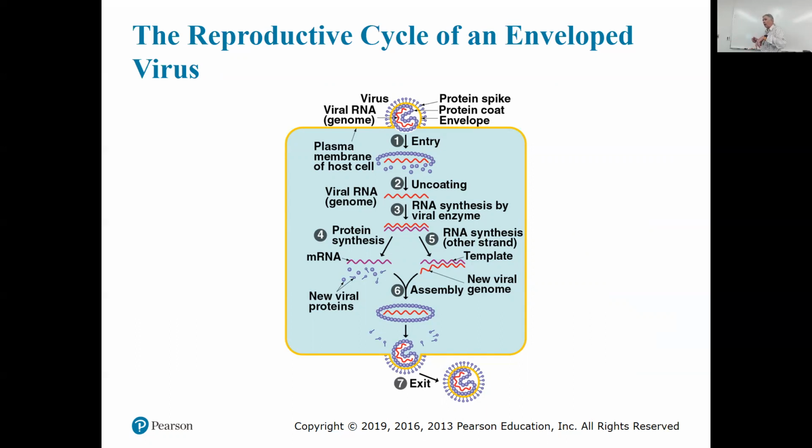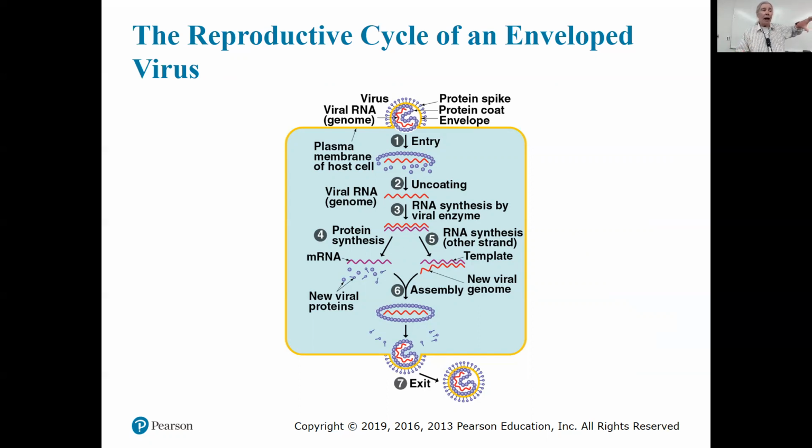For an RNA virus, they bring an enzyme with them that can make RNA from RNA. And HIV brings an enzyme called reverse transcriptase that makes DNA from RNA. So that DNA is made from the viral RNA.